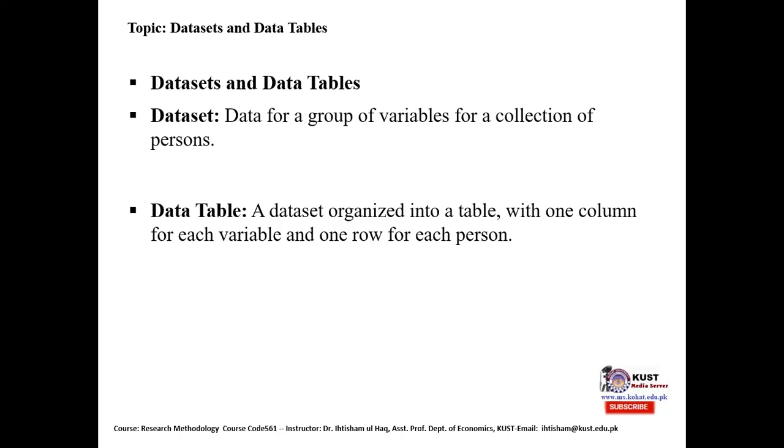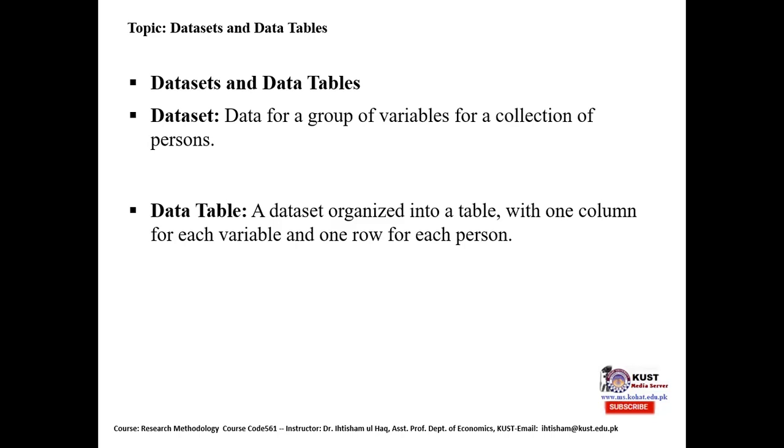And after knowing about data, variable, types of variables, we move on to data sets and data tables. Data for a group of variables for a collection of persons, that is a data set. The collection of information of respondents that you collected from population, that is your data set.